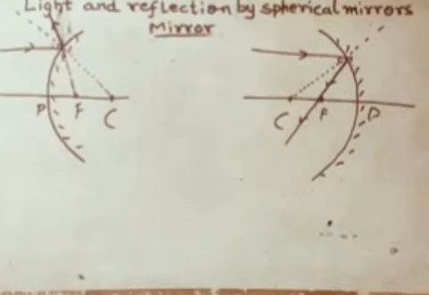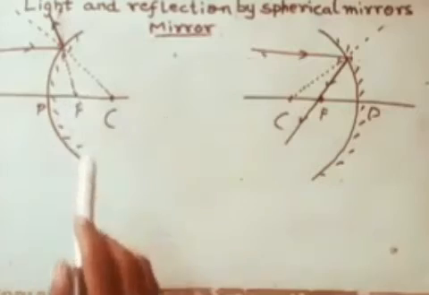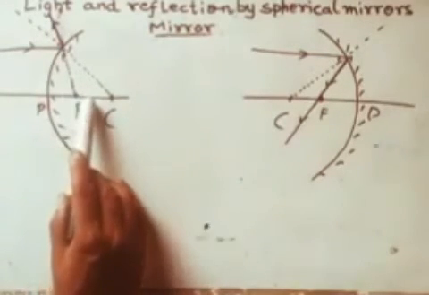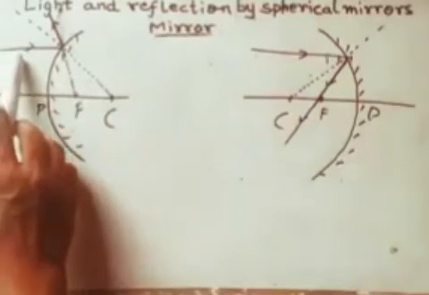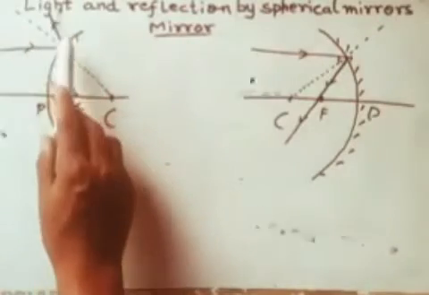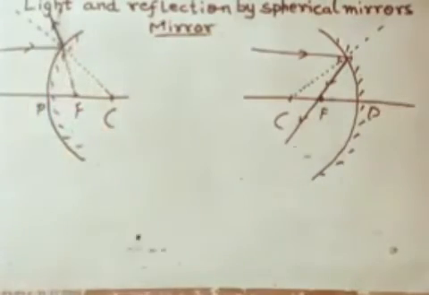The focus of a convex mirror is the point on the principal axis from which rays parallel to the principal axis appear to get diverged after reflection.